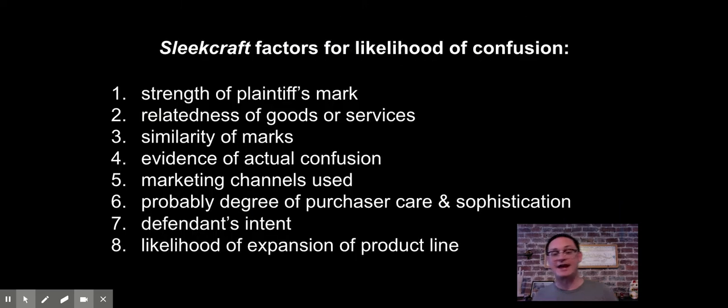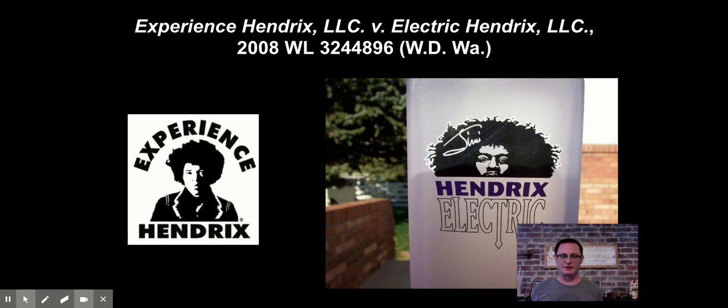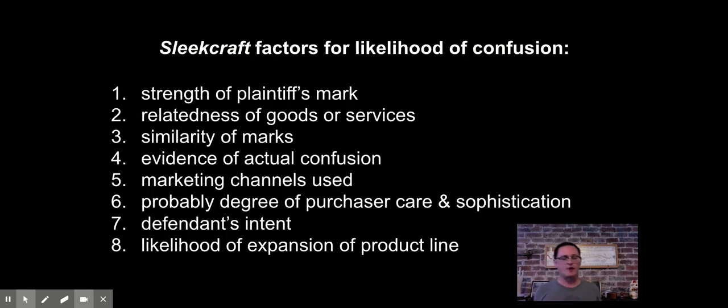So the court has to engage in a similar kind of analysis. So it talks about the strength of the mark and says, well, the Experience Hendrix mark is very strong, right? They've been using it for a long time. It's associated with a lot of different products, et cetera, et cetera. Therefore, consumers associate the mark with the source of the products.